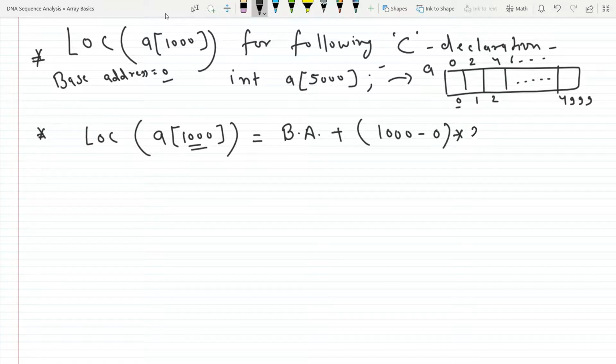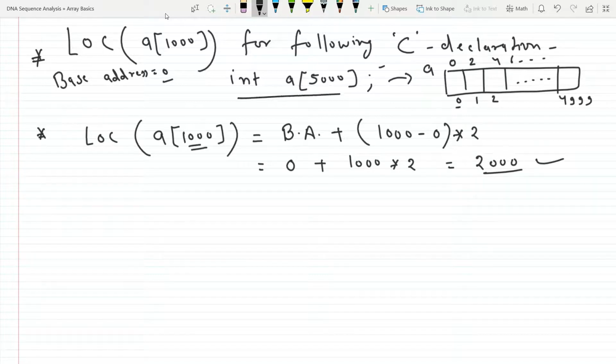So what is the size? Size is 2. So the base address for this is what? 0. It is already given in the question. And 1000 minus 0, so it is 1000 only, and multiplied by 2. So this will give me 2000 as the answer.